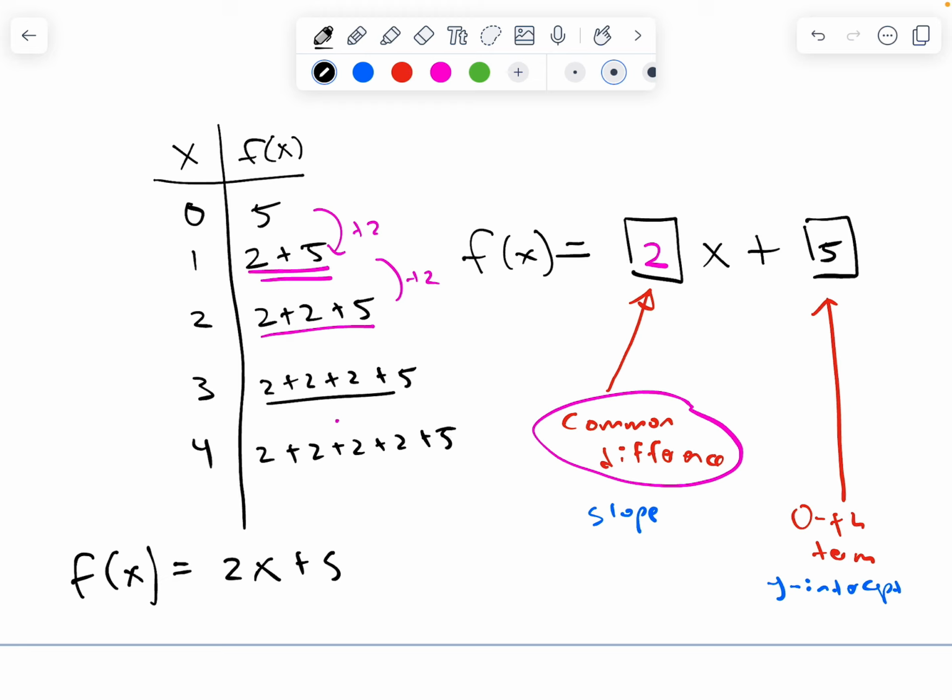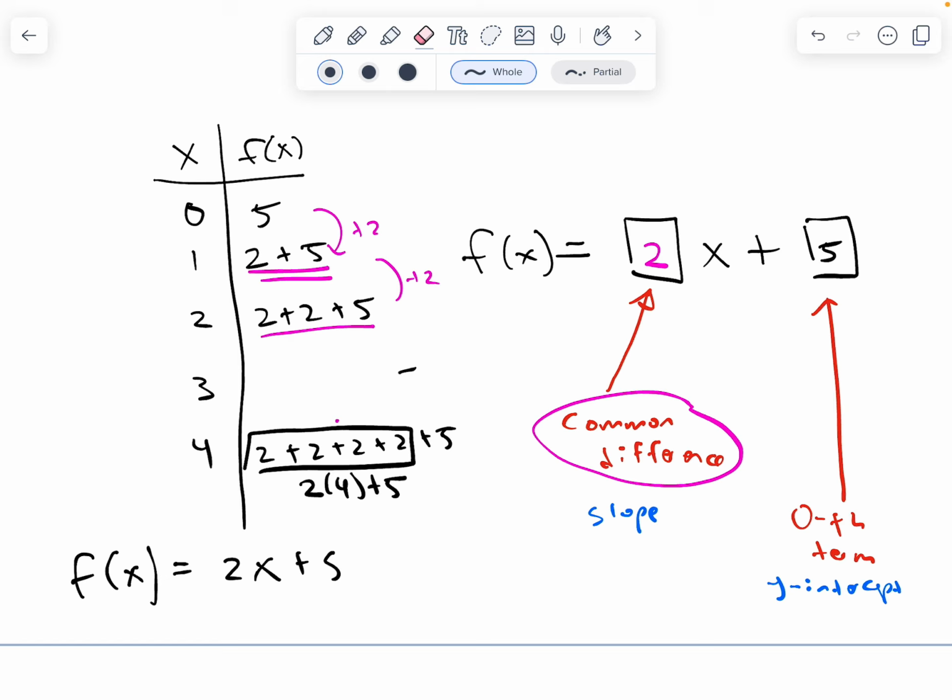Now there's a better way of writing this. The better way of writing this is I can say this is 2 4 times. So I'm going to say 2 times 4 plus 5. And this one, let me just erase this. I can say that this is 2 3 times plus 5.